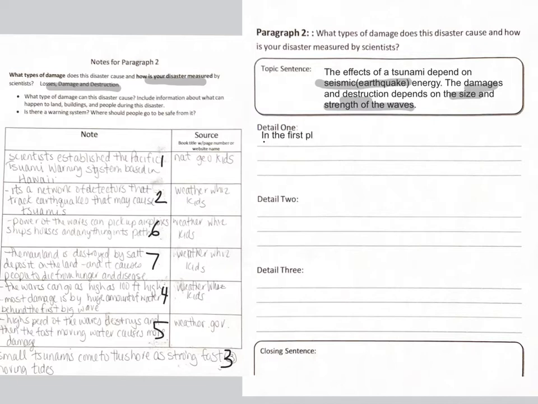In the first place, scientists established the Pacific, and I said that needs to be capital, so I'm going to go back and fix that. Pacific Tsunami Warning System.